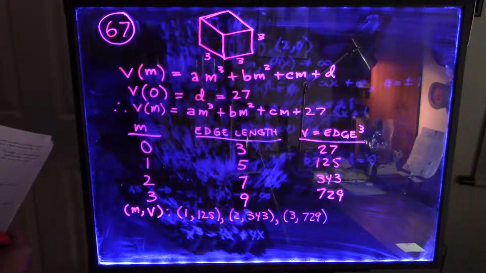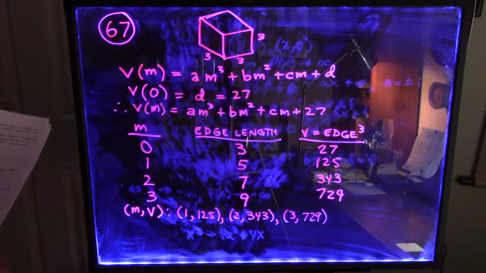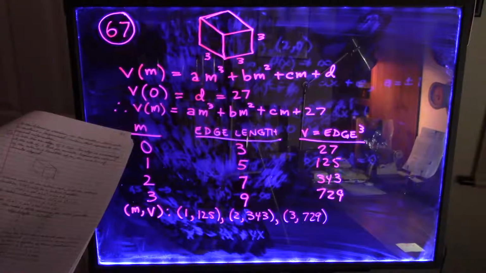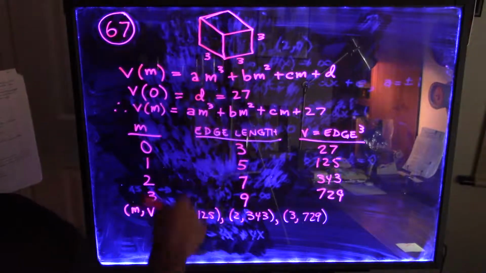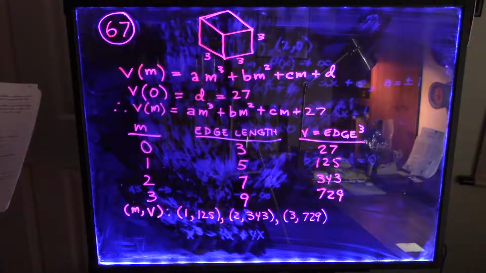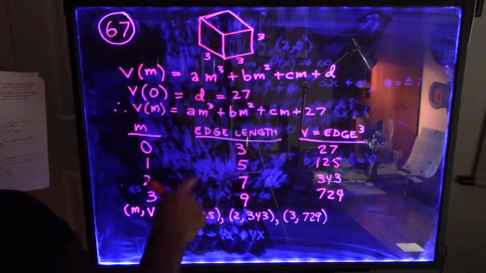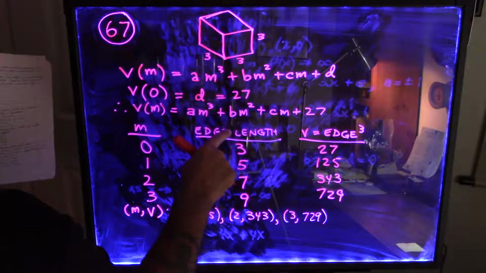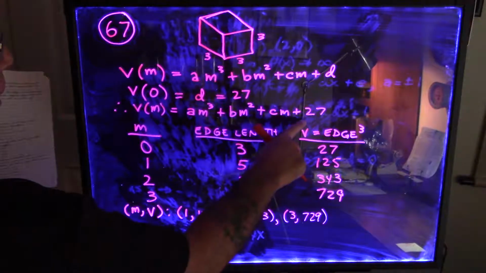We can use these with V of m to form a system of three equations in three unknowns. The unknowns are a, b, and c. In order to set this up, we're going to have three equations using this model, V of m, which we already know equals this.